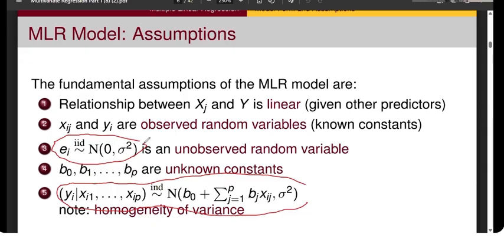The consequence is that your response variable will also follow a normal distribution. Assumption number five requires that the response variable, which I call the outcome variable, must follow a normal distribution, but it can only do so if the error follows a normal distribution. If the assumptions in three hold, assumption number five will automatically hold.